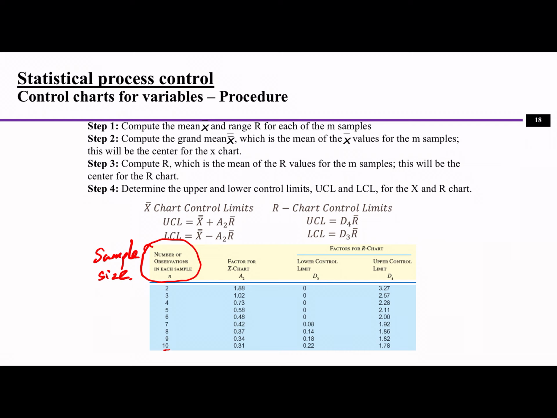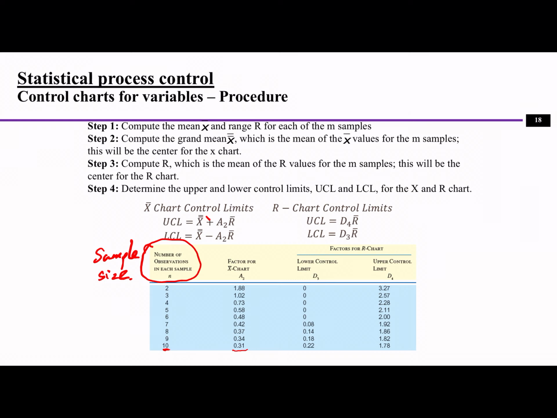The grand mean X bar I can calculate, and the mean of R I can also calculate, but I only need to find A2. From the table, A2 is 0.31 because the sample size is 10.